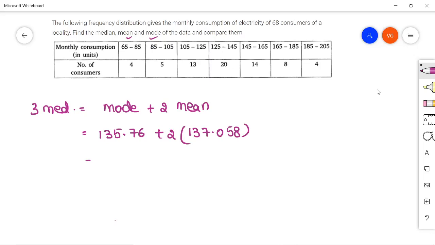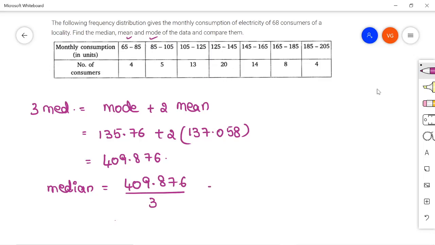If you do this, you will get approximately 409.876. So the median value will be 409.876 divided by 3, that will be 135.625. So the mode, median and mean values here, if you observe, as they have asked, compare them.